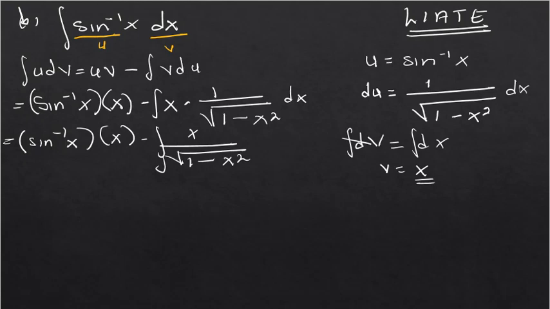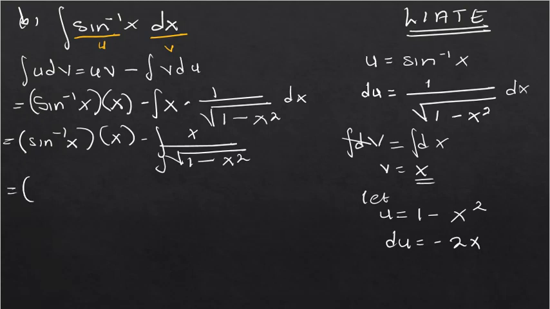From here we can use the u substitution. We can say let u equal 1 minus x power 2, so that du can equal negative 2x dx.